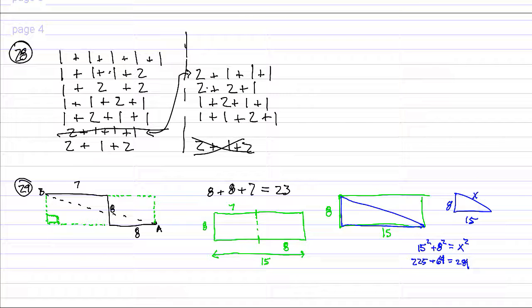Right, correct. Yep, so 289, and the square root of 289 is... just want to be sure this time. Yep, that's what I thought. 17.